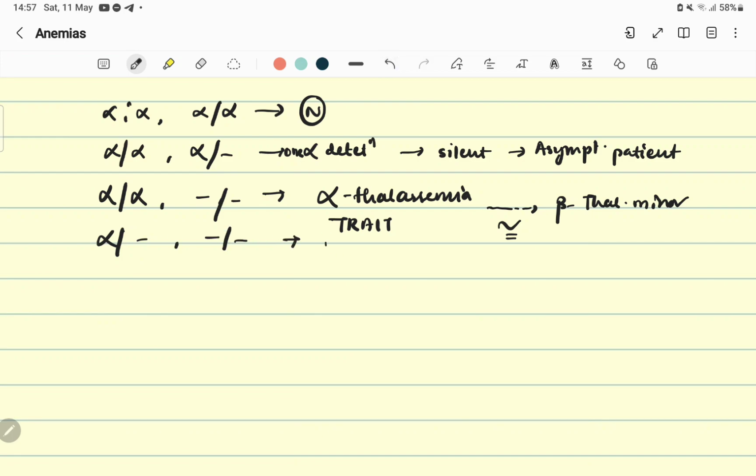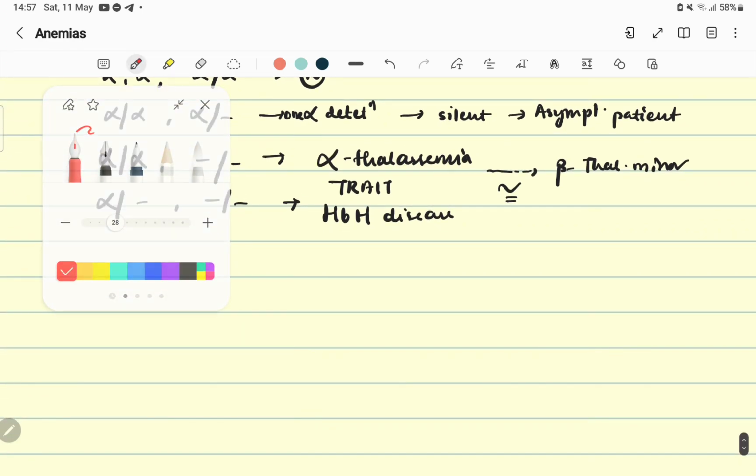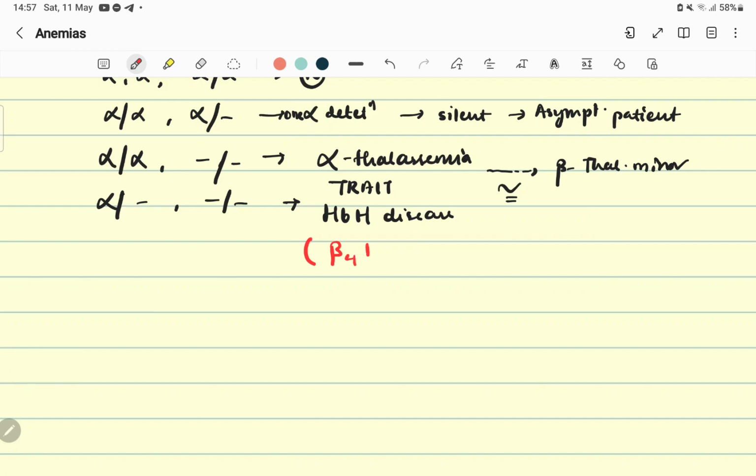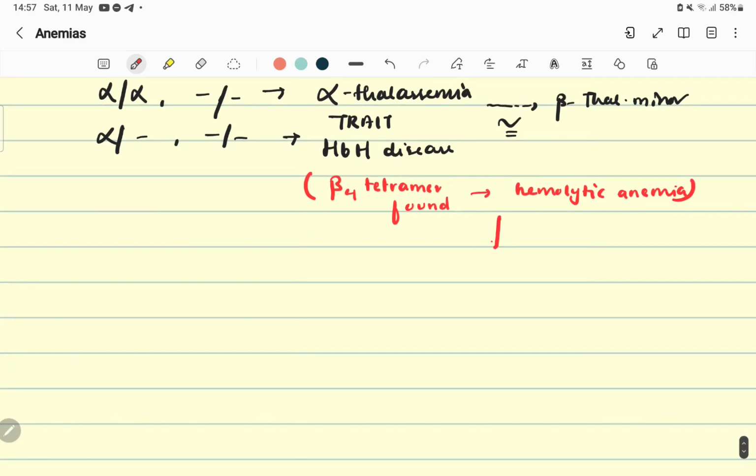With three deletions, this is called HbH disease, okay, where beta 4 tetramer is found, and there is hemolytic anemia. There is a characteristic finding here which is called the golf ball inclusion.